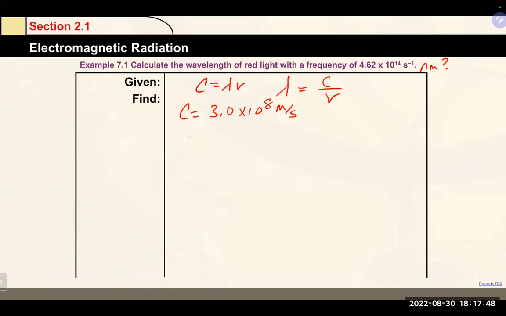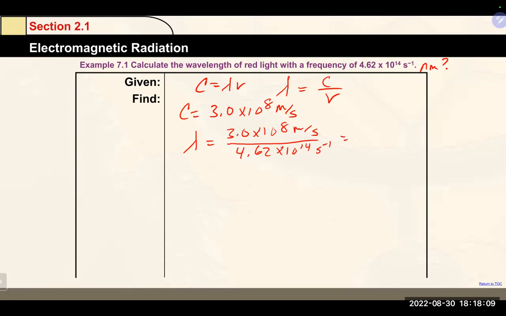In this case, we could just go right into there, and that would give us 3 times 10 to the 8 meters per second divided by our frequency, which was 4.62 times 10 to the 14 reciprocal seconds. And again, you want to make sure you are using your exponent button.